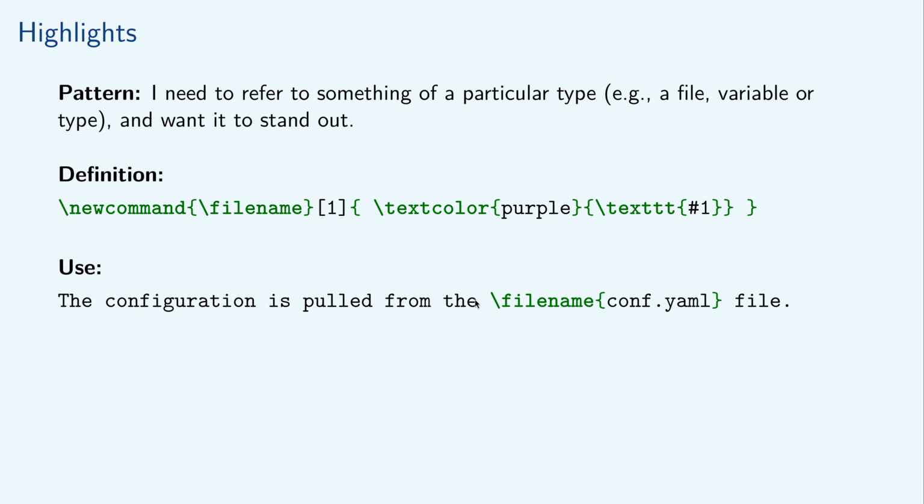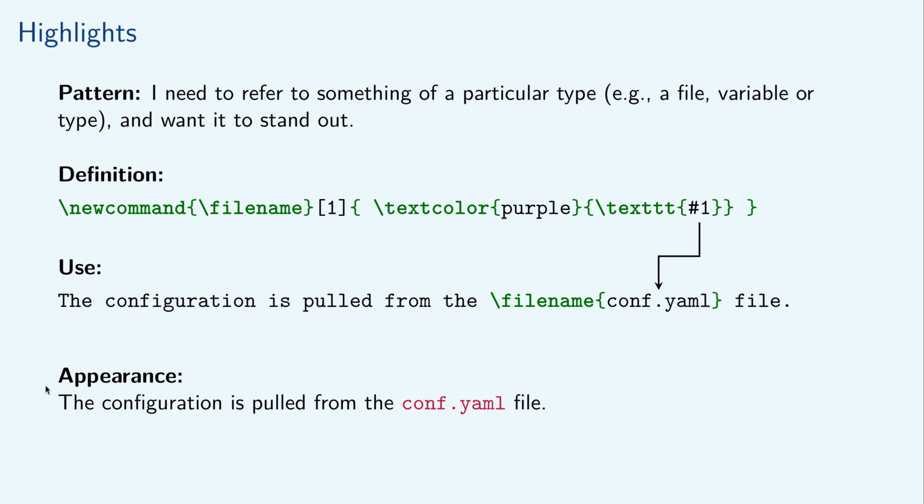I use it like this. I just say the configuration is pulled from this file. And what happens then is that this parameter is mapped to this argument. So it's going to appear like this.